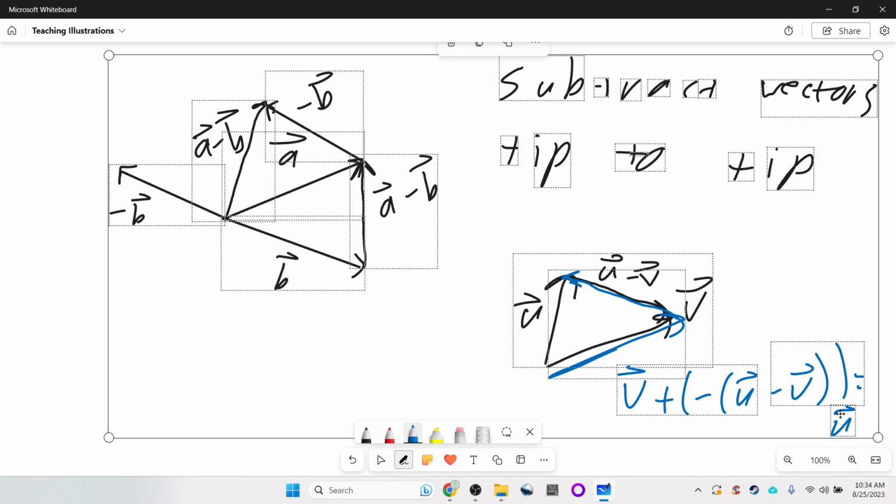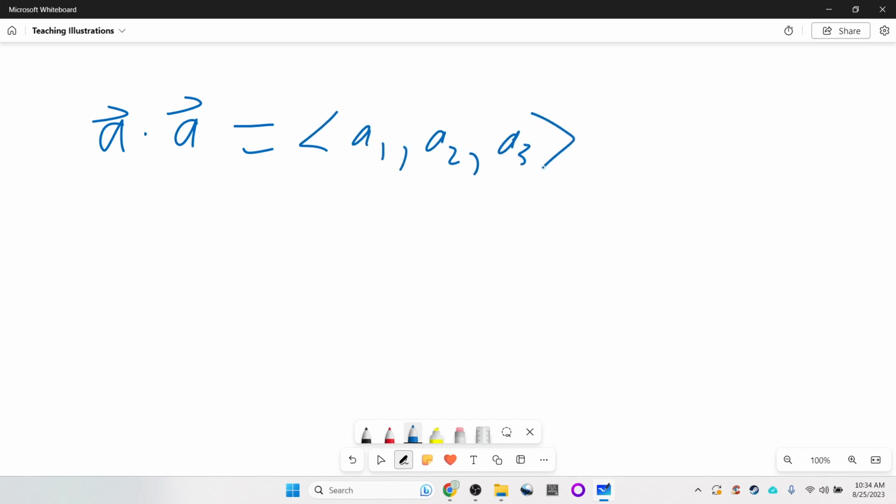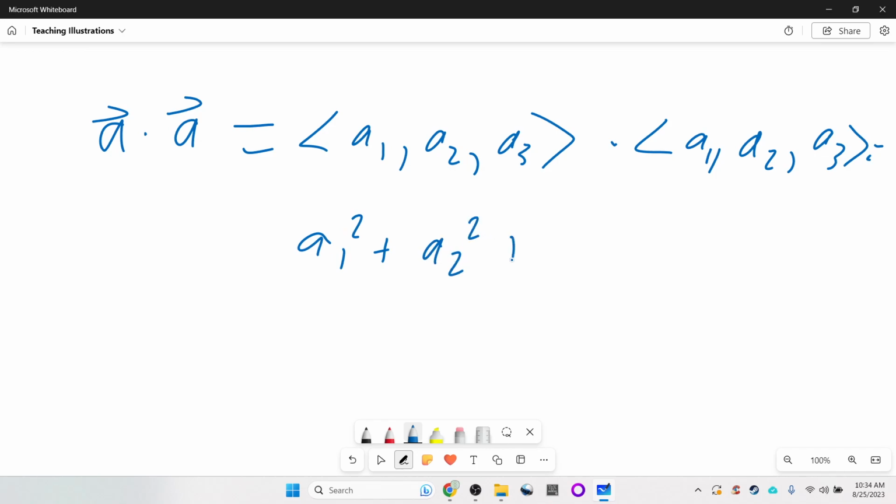The other piece of geometry I want to look at is, if I take a vector and dot it with itself. Well, that's A1, A2, A3, or however many components there are. It might just be 1 and 2. A1, A2, A3 becomes A1 squared plus A2 squared plus A3 squared.